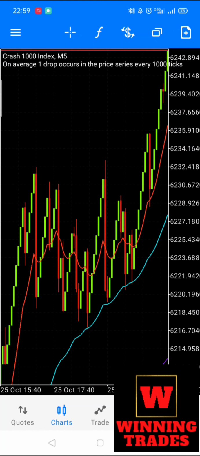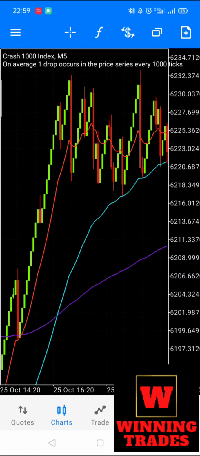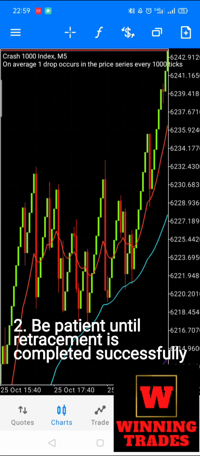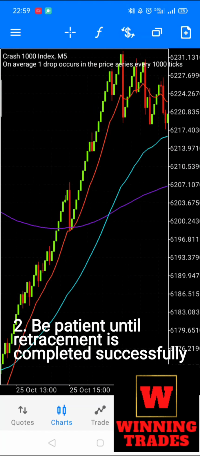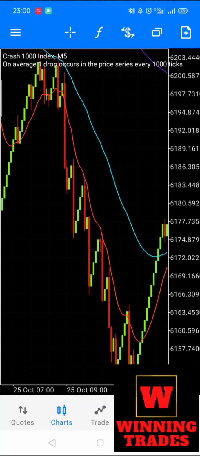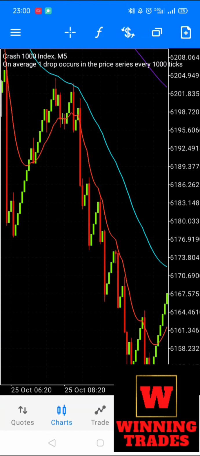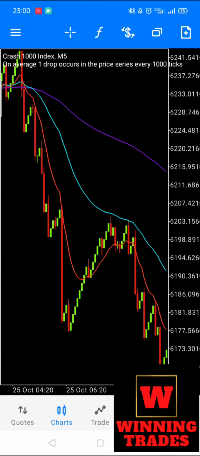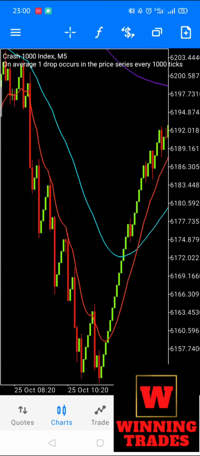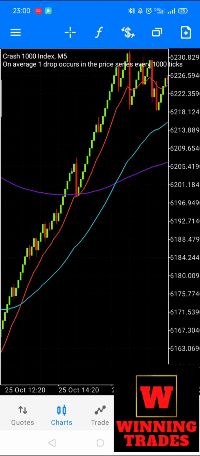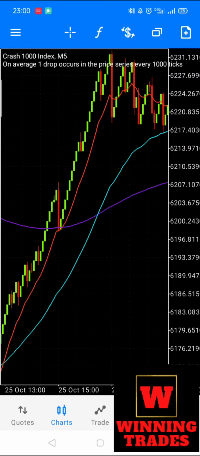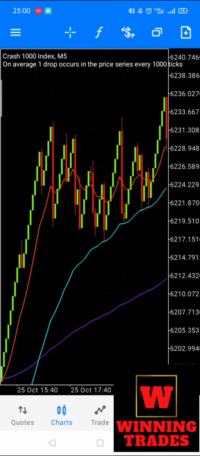Okay, now number 2 is that you have to be patient. Be patient for price to retrace completely first. Make sure that price retraces completely first and shows you that it wants to begin to sell, or begin to buy again, in the current market trend direction before you begin to think of bringing out your arrow tool.